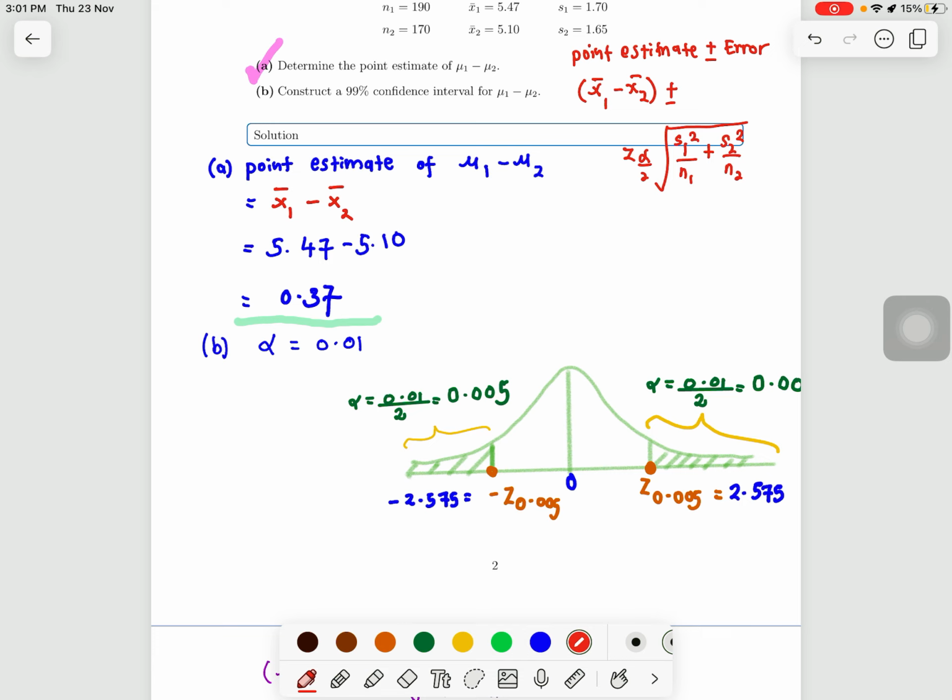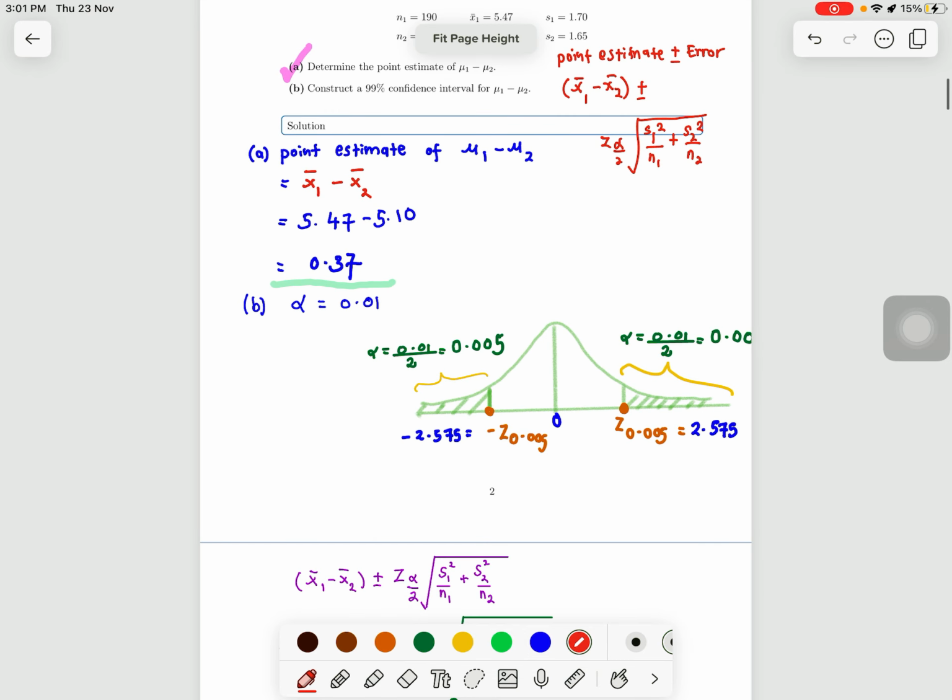Alright, so for B, construct a 99% confidence interval. You know that we want confidence interval 99%, so your alpha is 1%. So since we want to get the confidence interval, that alpha you have to divide by 2.